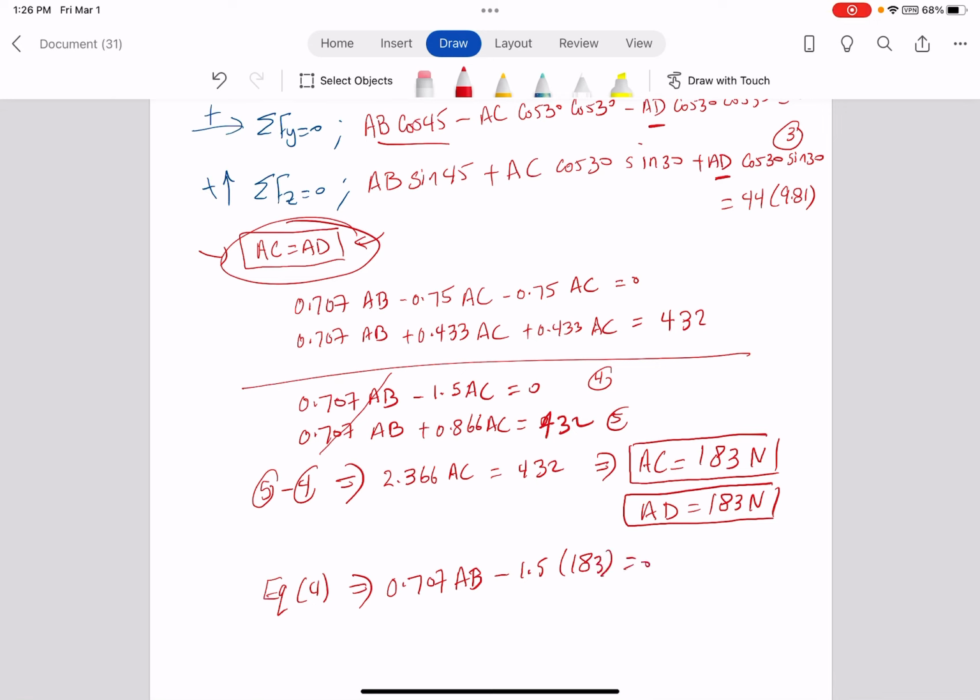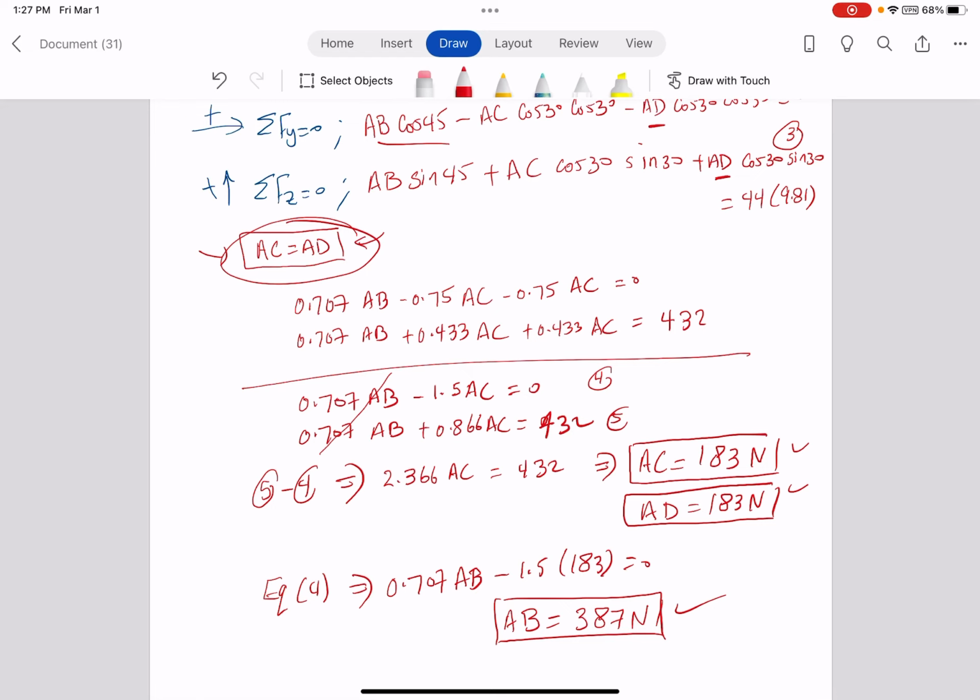So, 1.5 times 183 divided by 0.707 will give you AB equal to 387 Newton. Let me check the answers if these are the correct answers. Yes, these are the correct answers.